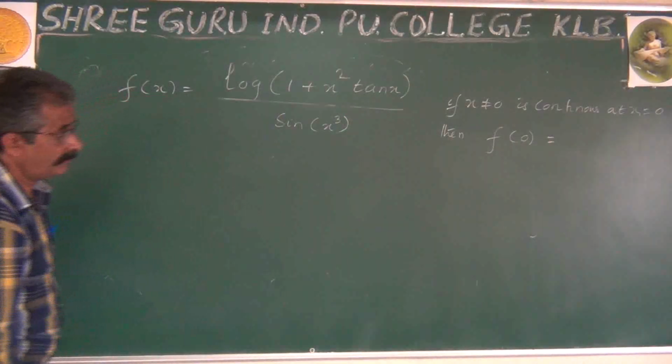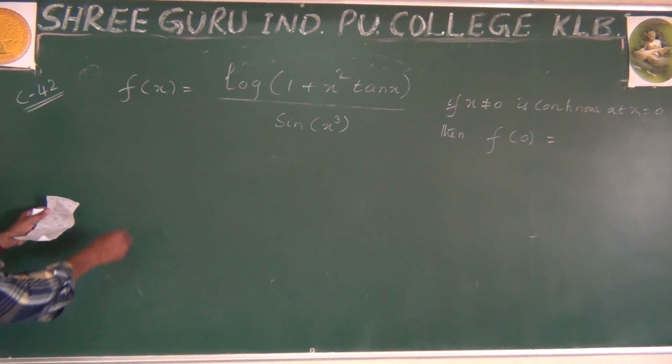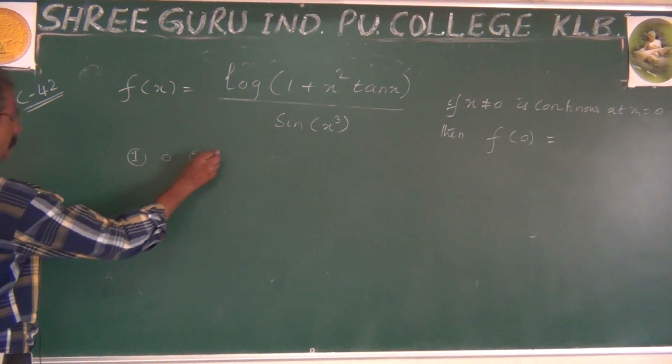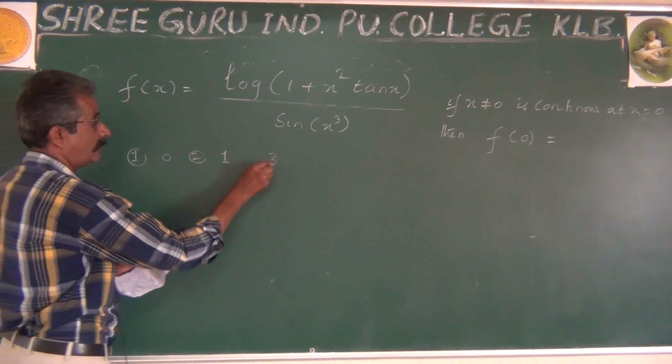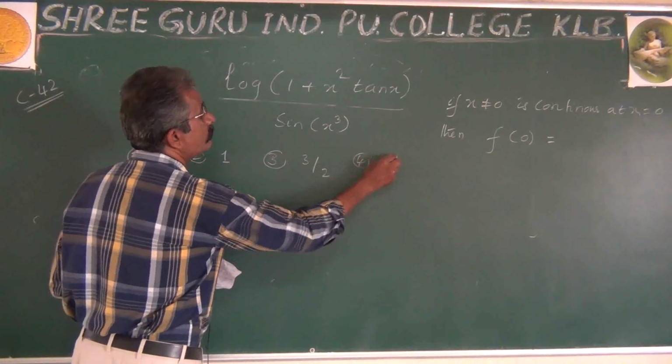Then f of 0 equals how much? First option 0, second option 1, third option 3 by 2, fourth option minus 1.